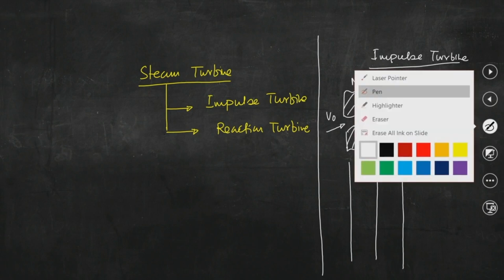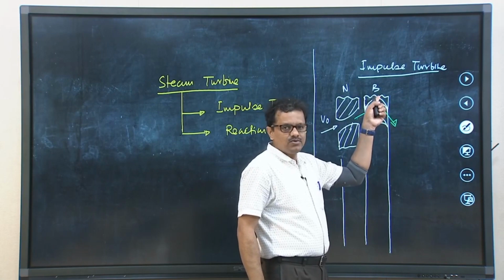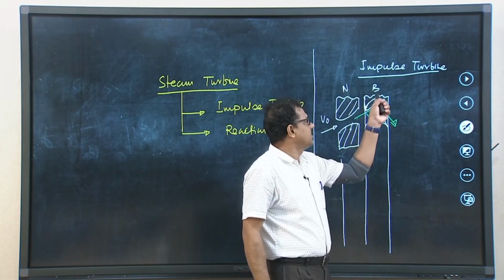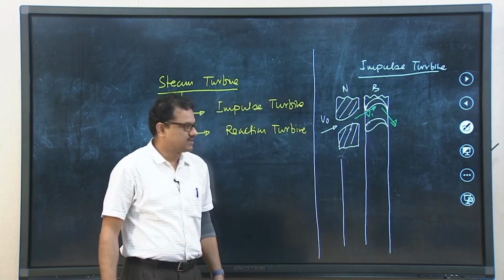Now, the steam which is striking the turbine blade, say this is V1, and which comes out from the first row of blades, sometimes written in many books as fixed blades, that is the nozzle, and moving blades to signify the blades.